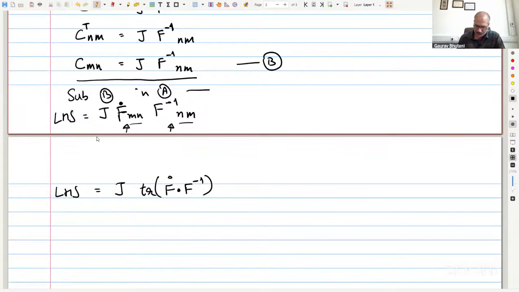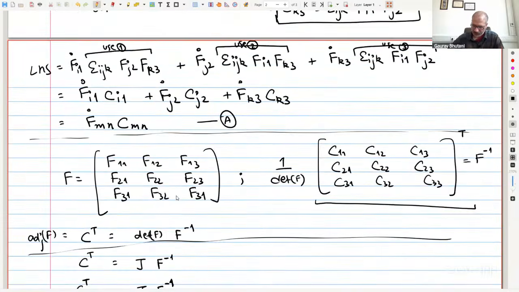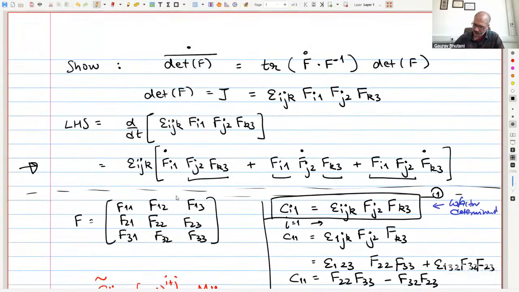Now left hand side, remember, was J dot. Let's go back up. We had started with a d by dt. Sorry, here. So the LHS here was the d by dt, that's the dot on the top of the determinant of F, which is the Jacobian. So this was J dot.